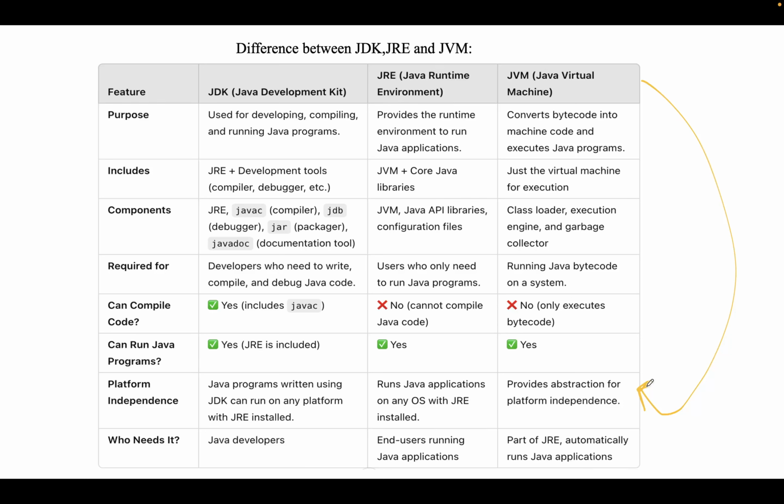That's why bytecode is platform independent, but the JVM is not. If you install a JVM made for Linux OS on Windows OS, it will not run. Who needs it? Java developers, and end users running Java applications like us, as part of the JRE, automatically run Java applications.